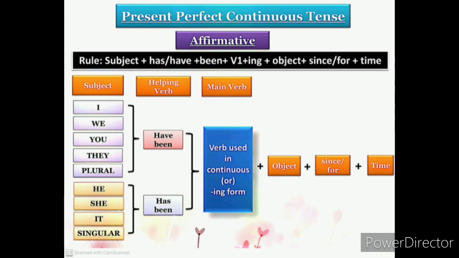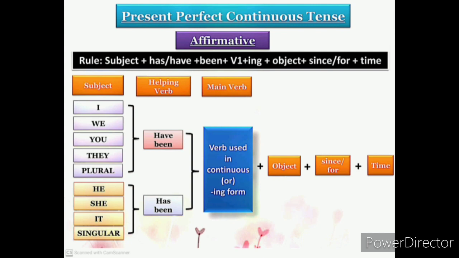With subject he, she, it singular, we use has been, then verb first form plus ing plus object plus since or for plus time. For example, I have been writing a letter since 10 o'clock.